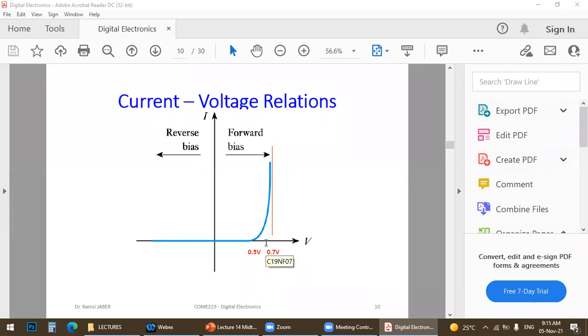The electrons inside the diode start moving at 0.5 volt but it is not saturated until it reaches 0.7, and then the diode is totally turned on.